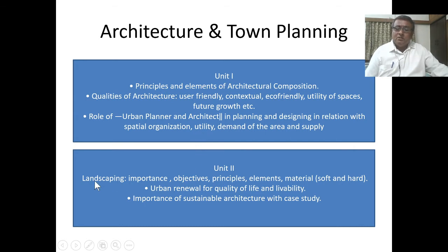Unit 2 comprises landscaping, its importance, objectives of landscaping, principles, elements, materials both soft and hard. Then second topic, urban renewal for quality of life and livability. This is a new concept which is arising in urban planning. Then third one, importance of sustainable architecture with a case study.